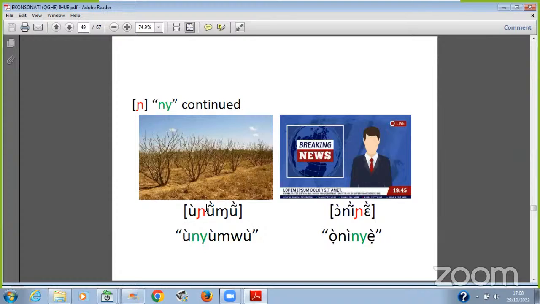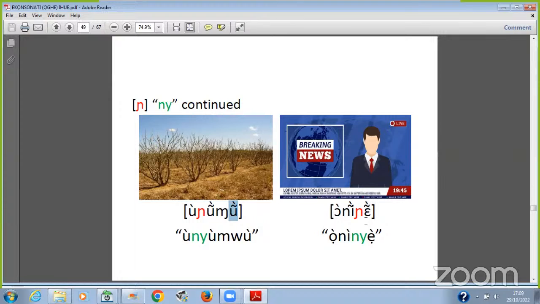You see, the same way the ni nasalizes the u immediately following it is the same way the mi nasalizes the u that follows it. So it's a common phonetic rule because they belong to the same category of sounds that are called nasal consonants.